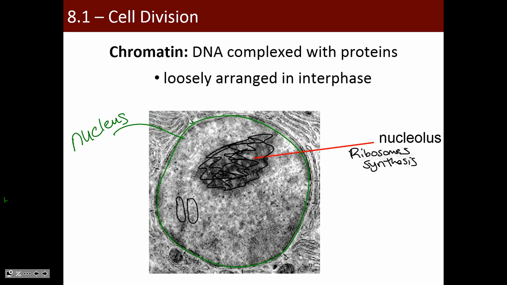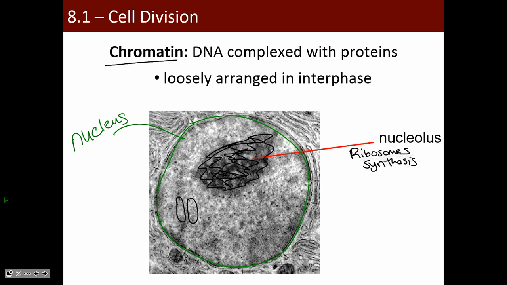And that's because in a cell that's just carrying out normal cell function, we have what we call chromatin. And that's the DNA complexed with proteins. And so we have individual proteins that are attached to the DNA molecules. And it's all just loose in there, kind of like a big pile of spaghetti. So I always think of the chromatin as just being a bunch of spaghetti noodles stretched out and laying inside the nucleus.